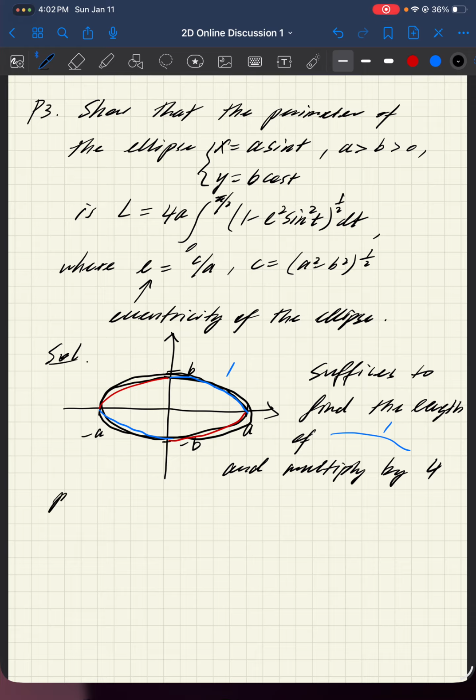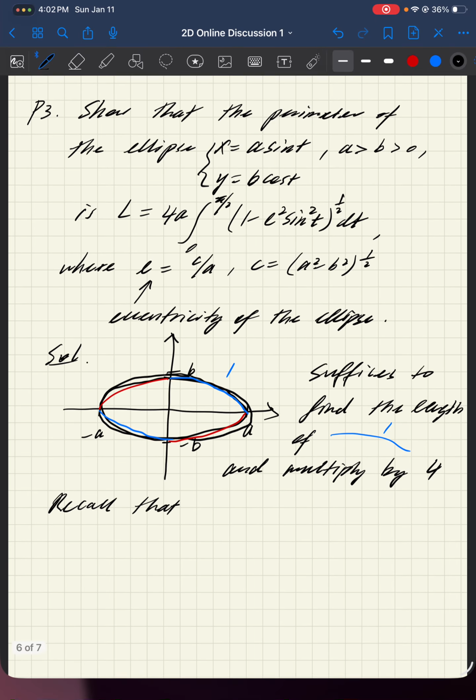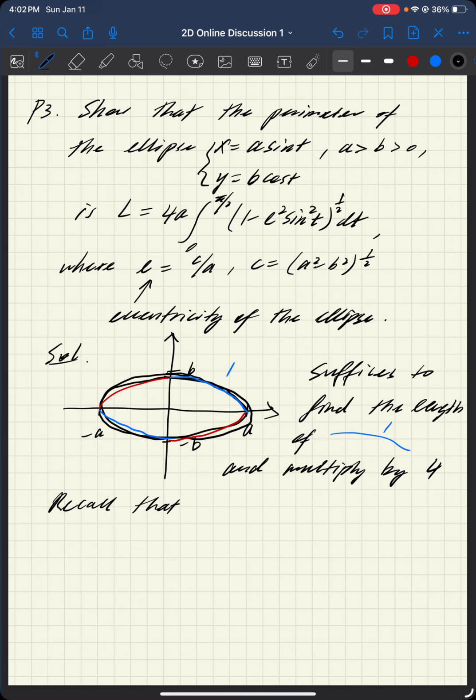So recall, we have the arc length formula. L, the arc length, is equal to the integral of the square root of (dx/dt) squared plus (dy/dt) squared, dt.